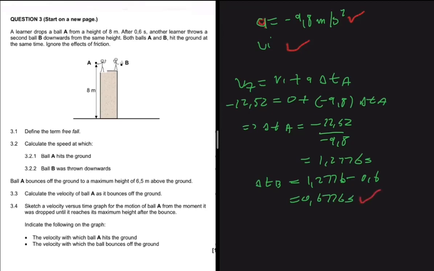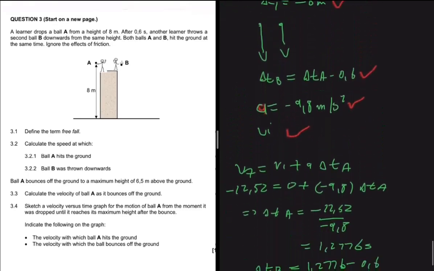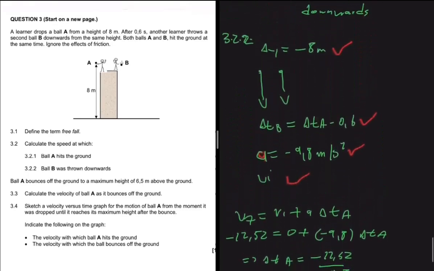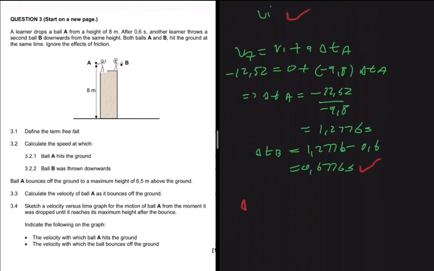Since we have delta t for ball B, we can then, using the information for ball B, say that delta y is equal to VI multiplied by delta t plus a half a delta t squared, right? So what is delta y? We know fully well that that is minus 8.